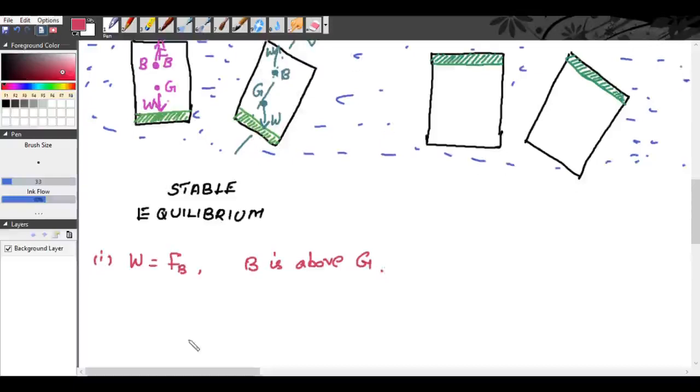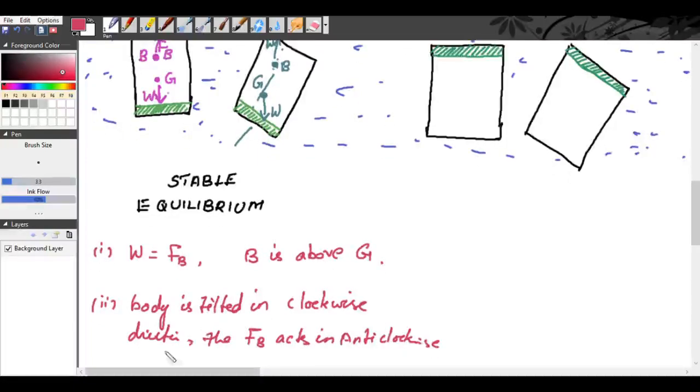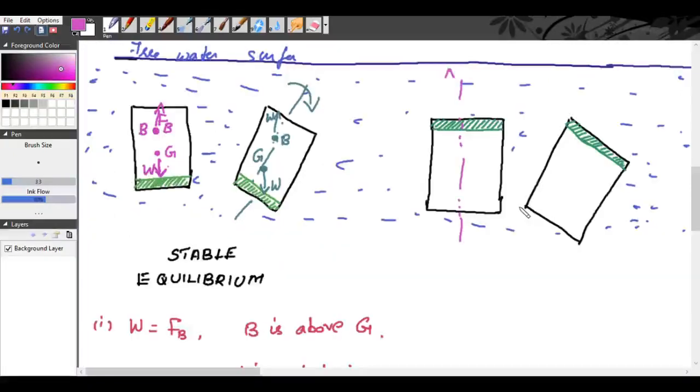Okay, so that means the second case is when the body is tilted in clockwise direction, the buoyant force acts in anti-clockwise direction in order to keep the body in equilibrium.